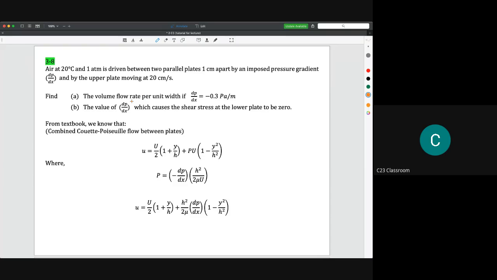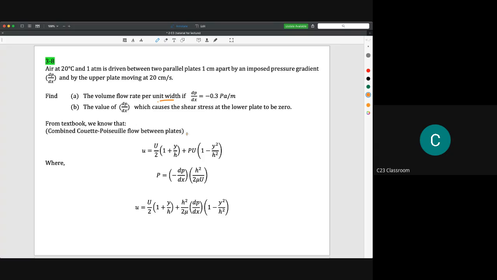Calculate the volume flow rate per unit width if dp/dx is minus 0.3 pascal per meter, and also the value of dp/dx which causes the shear stress at the lower plate to be 0.